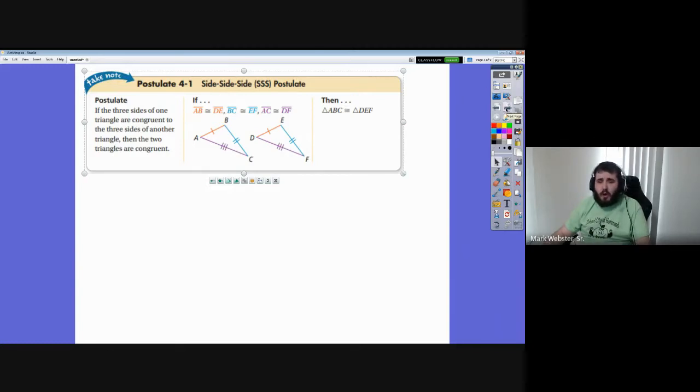So your book is going to actually walk you through and force you to say, all right, well, the reason I know this is because of this. The reason I know this is because of this, and so on, with the different proofs, with the flow charts and the paragraphs and the statement reason tables.